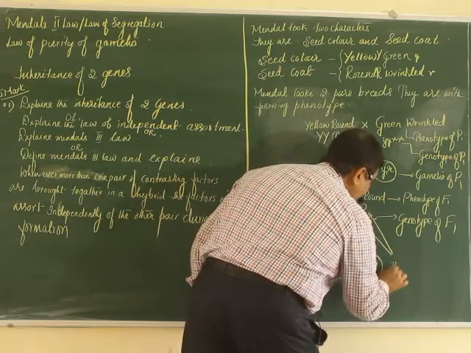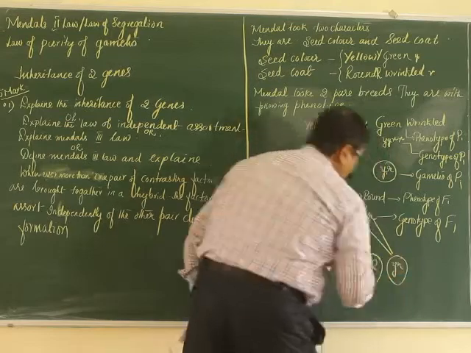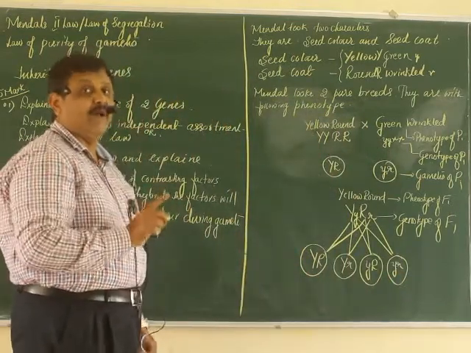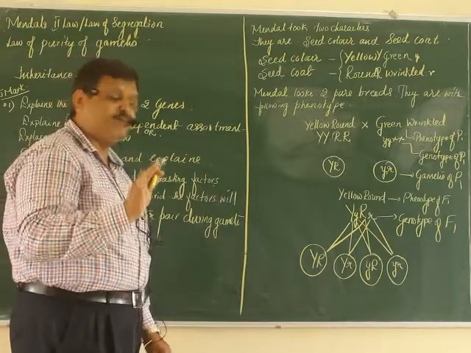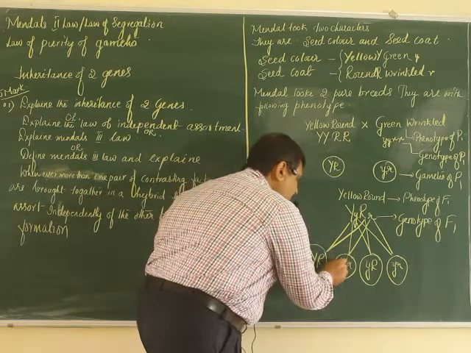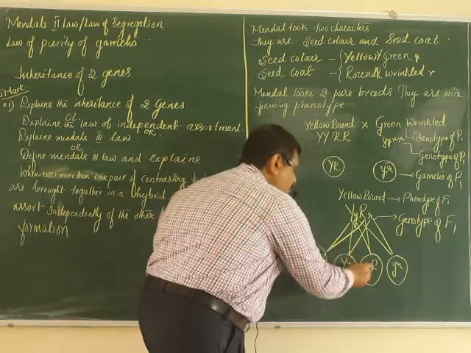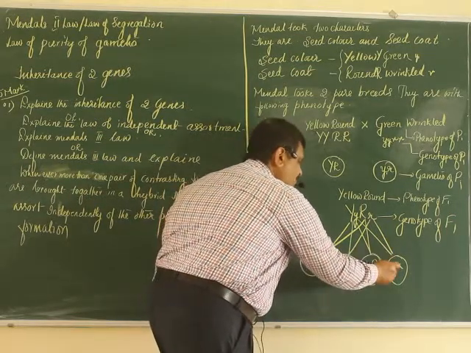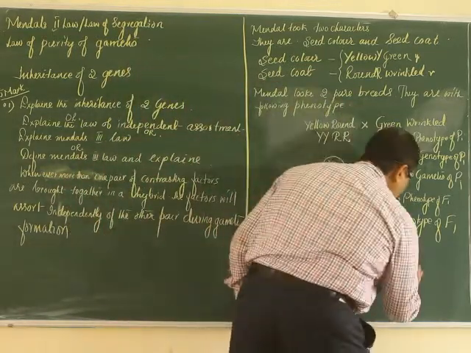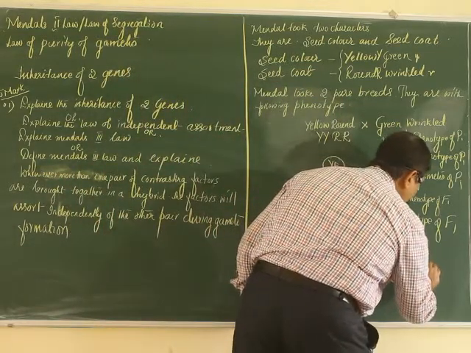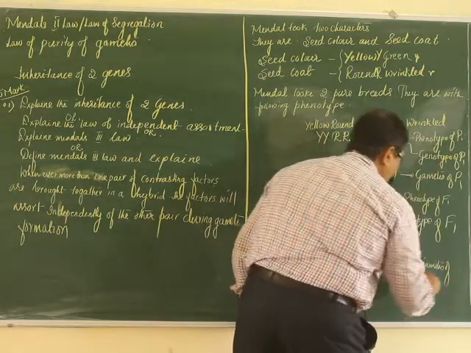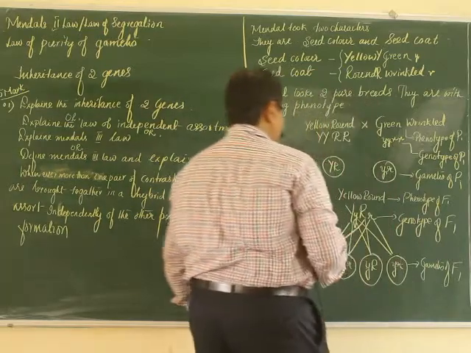It's very easy. How many types of gametes are formed? 4 types of gametes, not 4 gametes. Capital Y capital R, capital Y small r, small y capital R, small y small r. So what can I write? These are the gametes of F1.